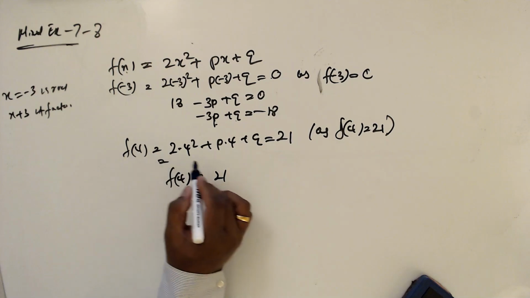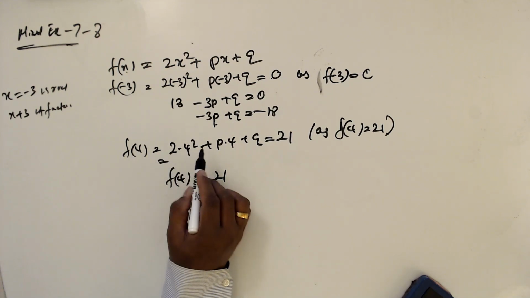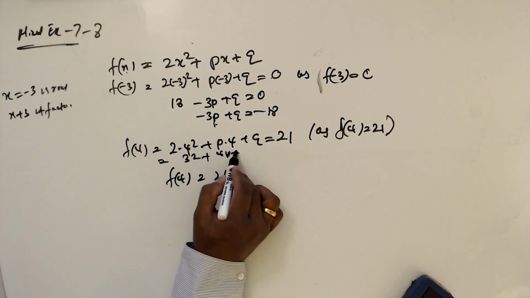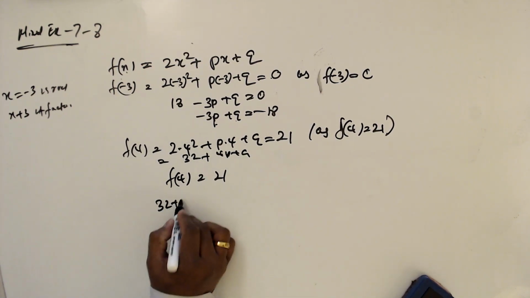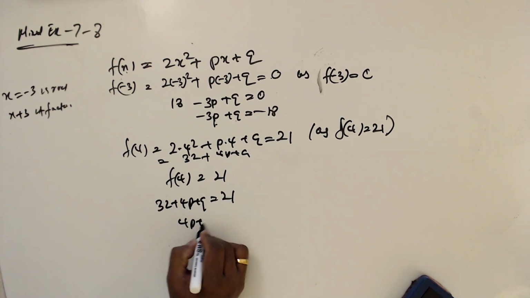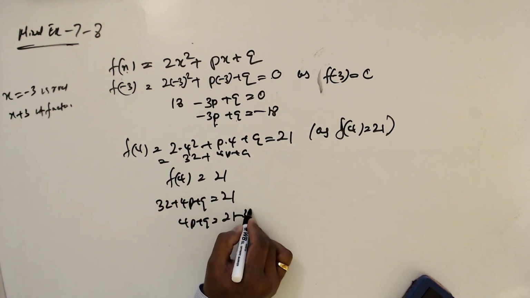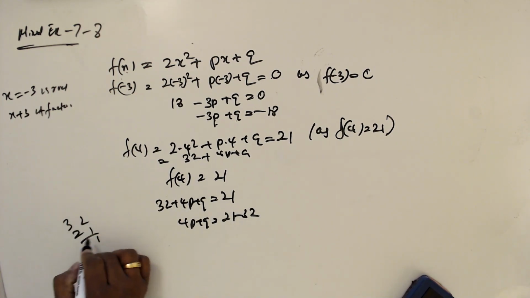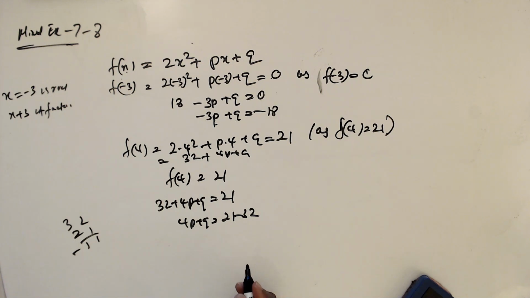What does f(4) mean? This is going to be 32 plus 4p plus q equal 21. 4p plus q equals 21 minus 32.